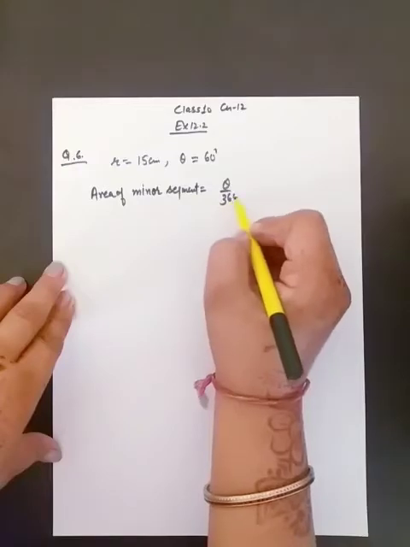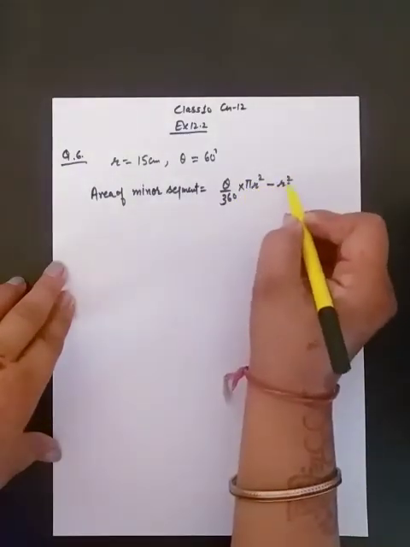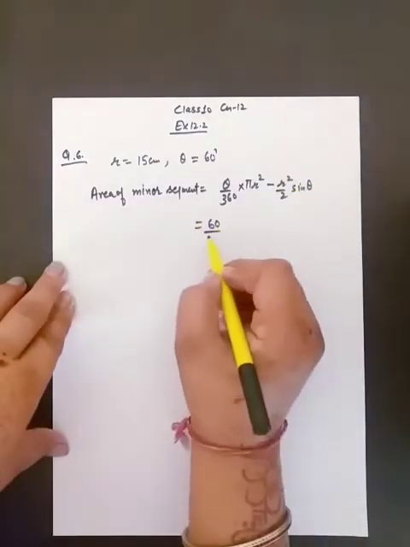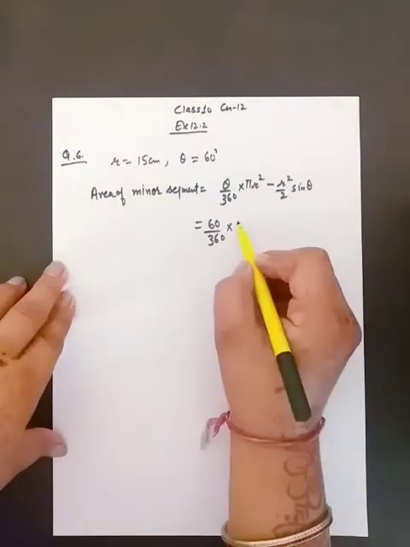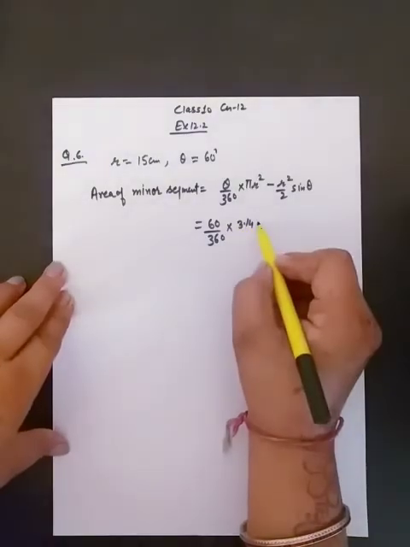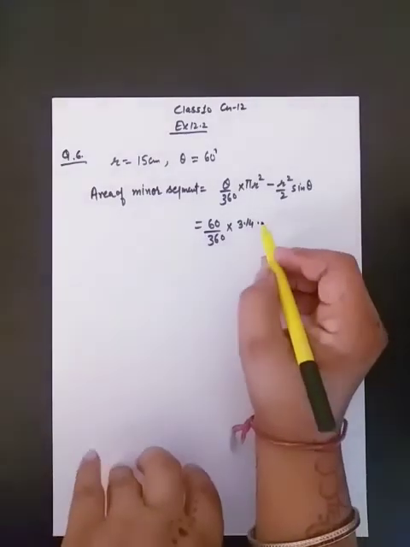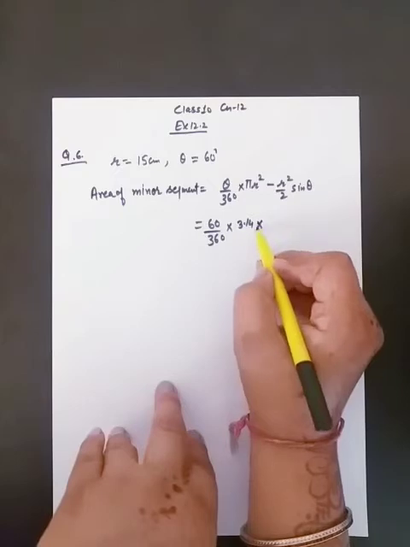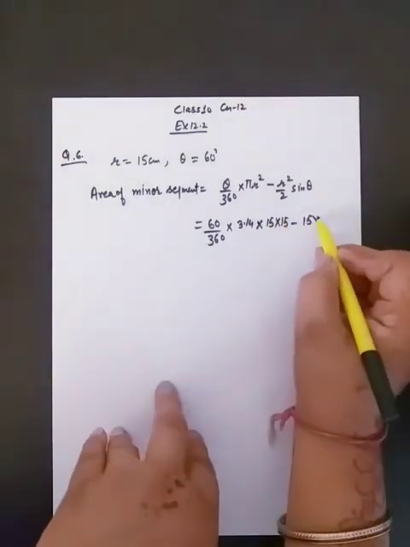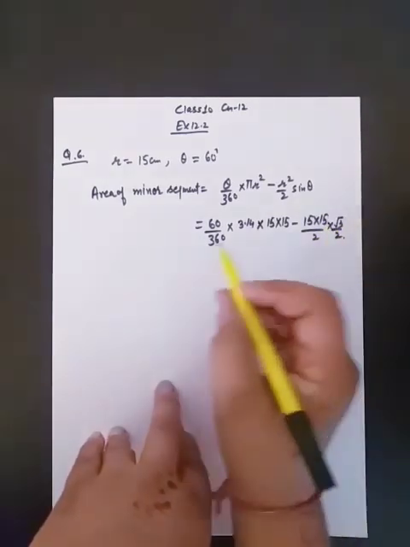Theta upon 360 into pi r square minus r square by 2 sin theta. So it will be theta upon 360 and value of pi is 3.14 multiplied by 15 into 15 minus 15 into 15 by 2 into under root 3 by 2.